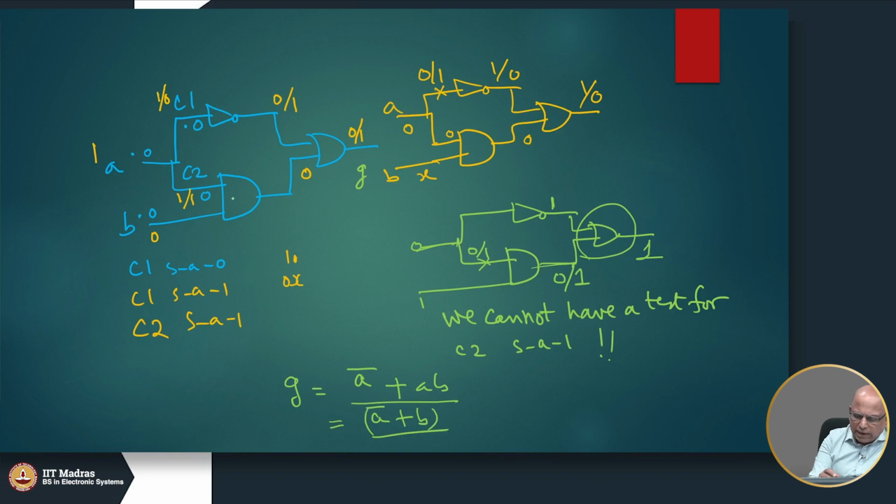So, this AND gate, there is a redundancy. So, we did not really need that AND gate at all. Okay, we could have directly got it like this: A bar, B. So, as a result, the input at that AND gate, there is no test.